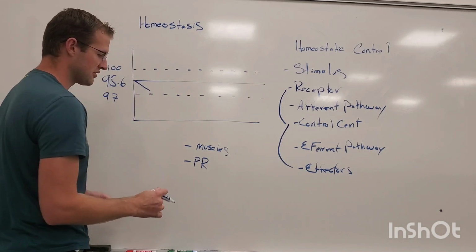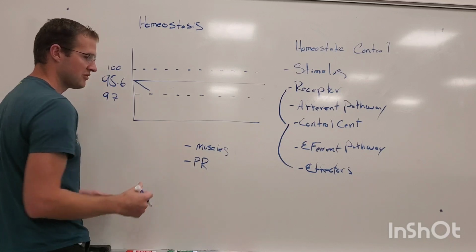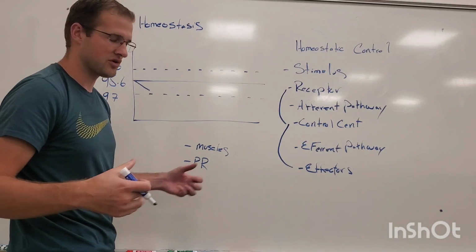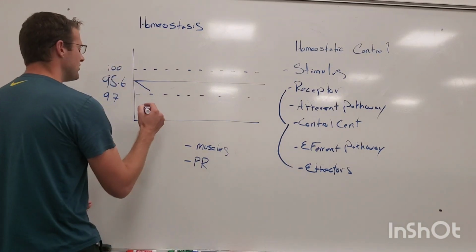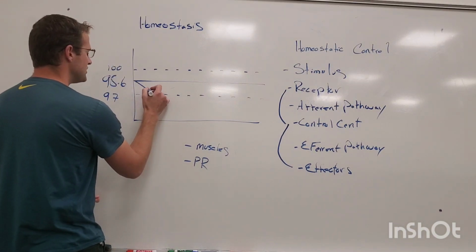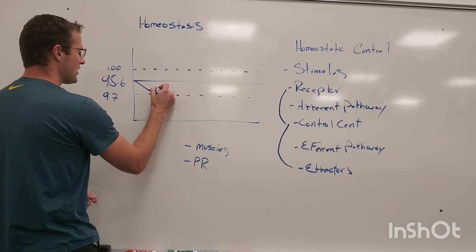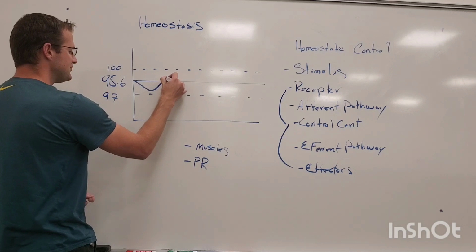So our muscles are going to start shivering, trying to warm us up, and then the peripheral resistance is going to push more blood into our core so that we don't have quite as many things cooling off the body. We don't have the effects of evaporation. And what that's going to do is bring us slowly back up to our set point at 98 degrees.